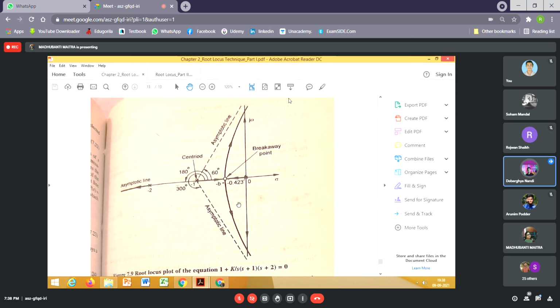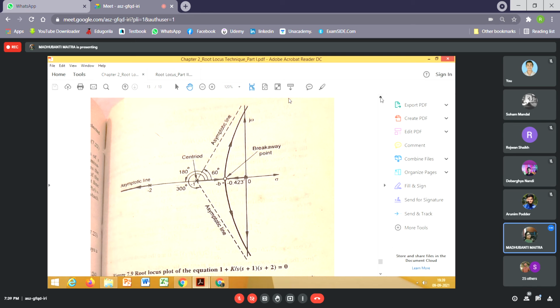So given a value of gain k, we can find the roots. One root, second root, and the third root will be on these branches. One root will be on this branch, the other root on this branch, or it might so happen that one root will be on this branch, the second on this branch, and the third on this branch.